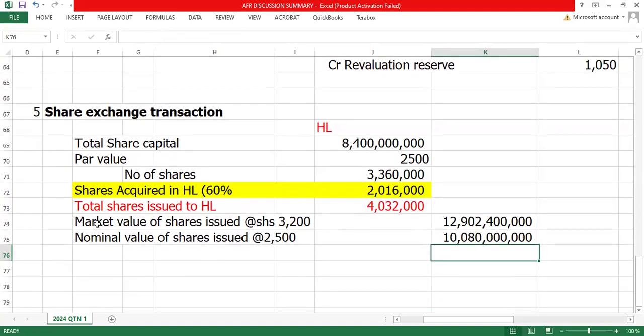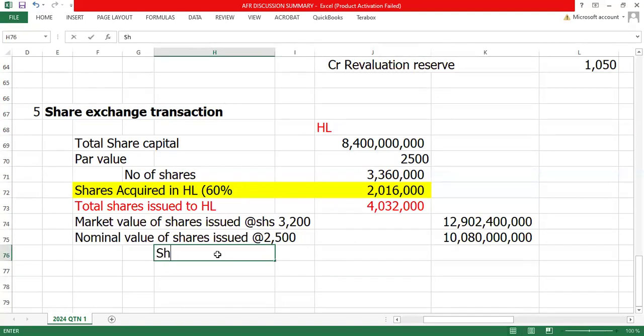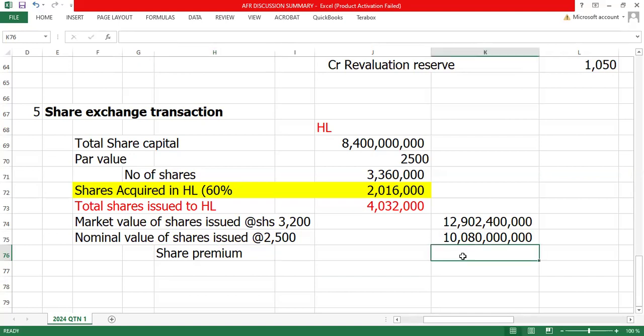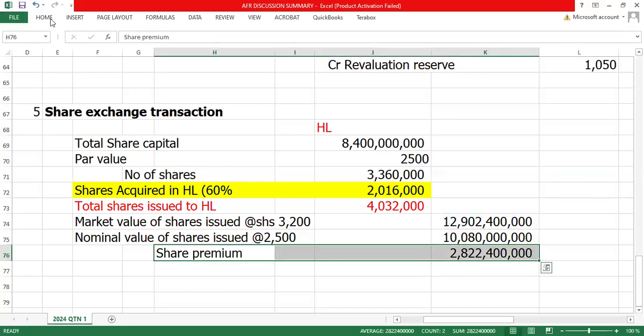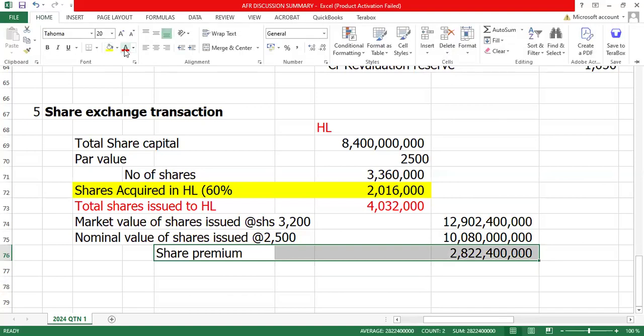So if you look at the market value and the nominal value, what comes into your mind? The difference between them is the share premium. Do you agree? So if you get this minus this, that is the share premium. Very, very key.